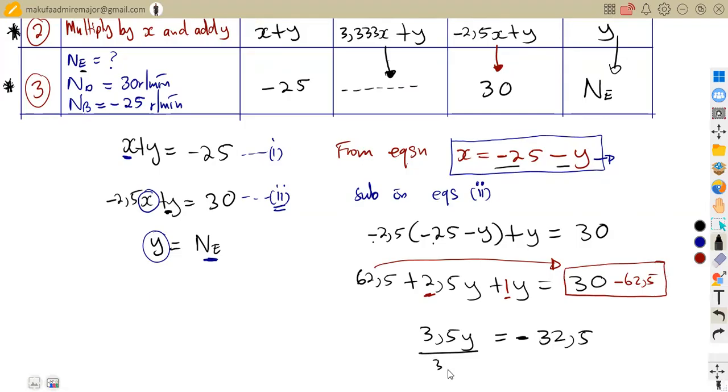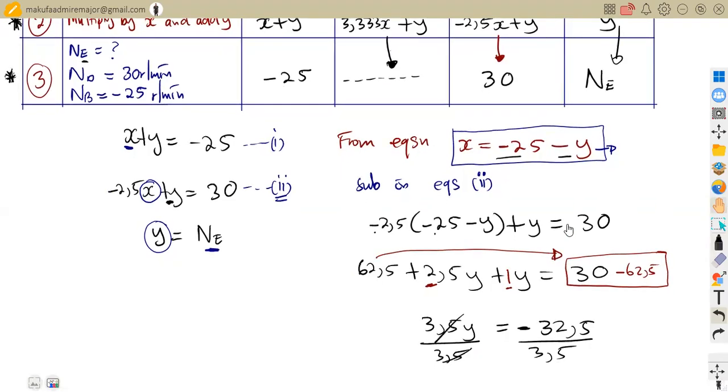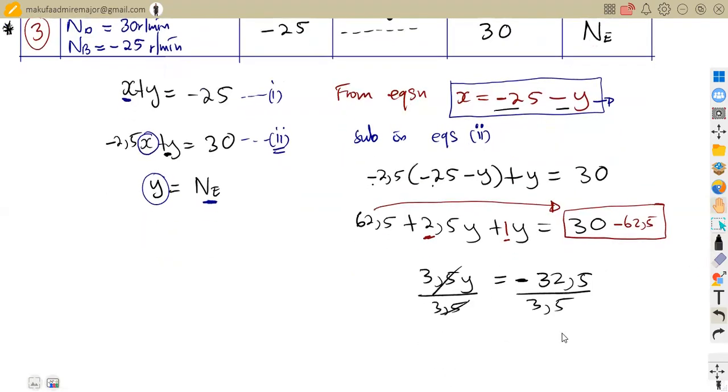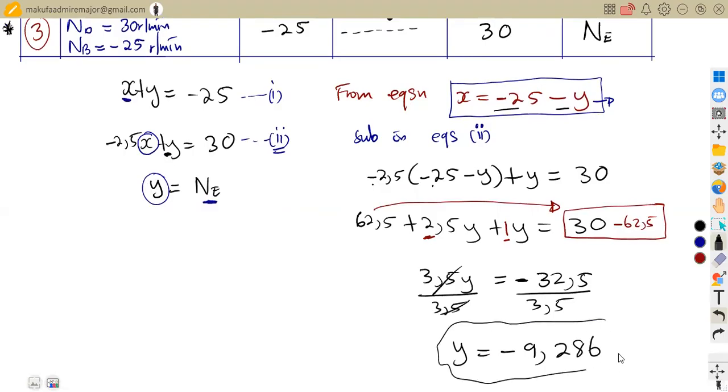Divide by 3,5 so that we have the value of y in this case. So that means y is going to be what? All right, so y is going to be a negative. That's the first thing that we can see here. So we are going to have negative 9,286. So this is the value of y representing what? The speed of E of the arm.